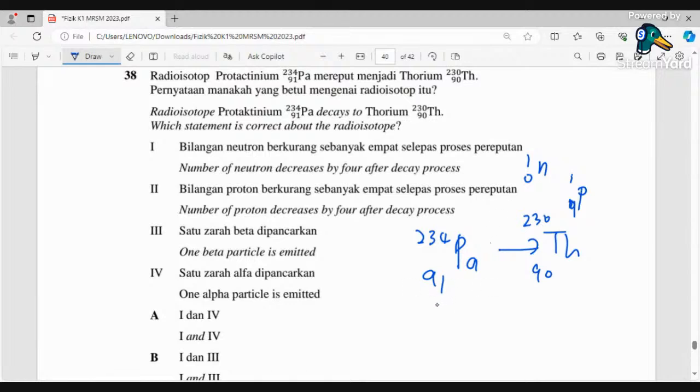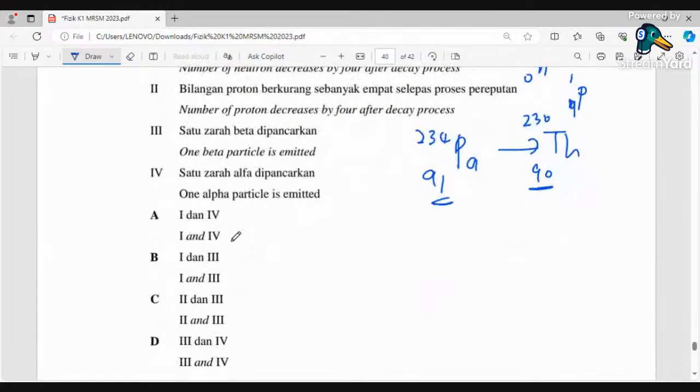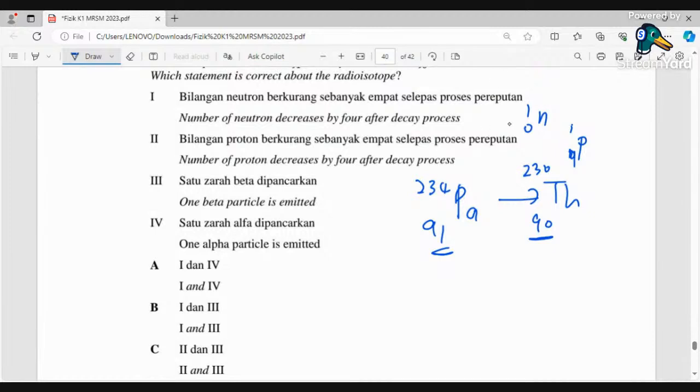Okay, because there is change in the proton number, so we cannot accept the answer. Ini tak boleh, ini neutron saja tak boleh, proton saja pun tak boleh. So we just look at beta and alpha. How to find?